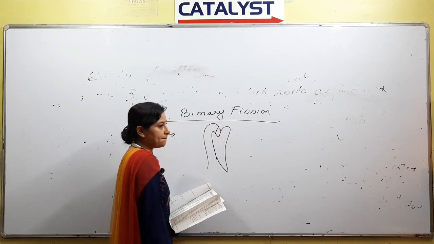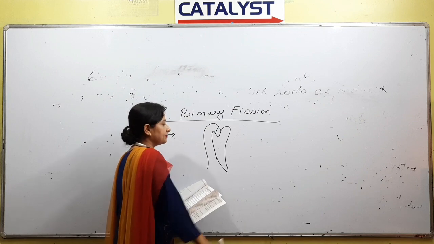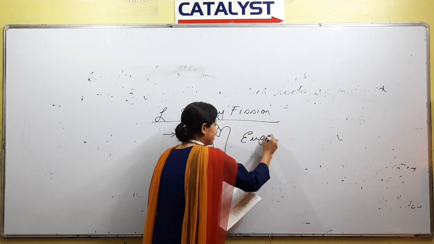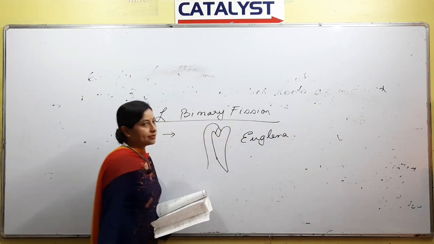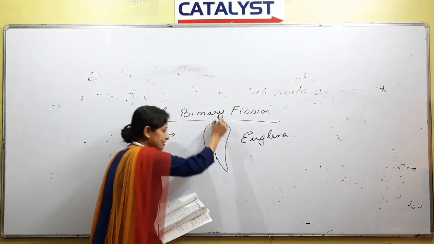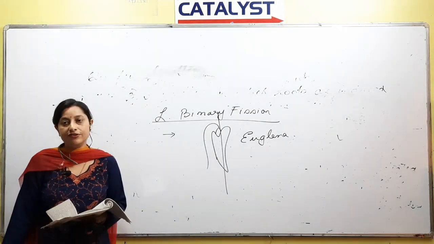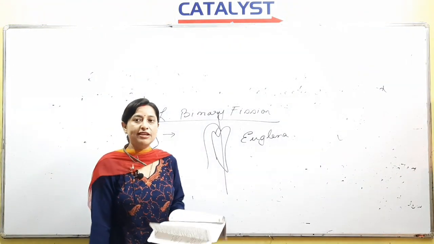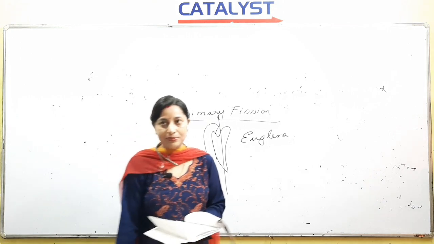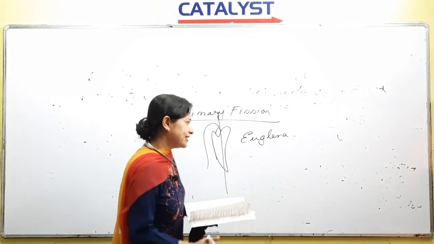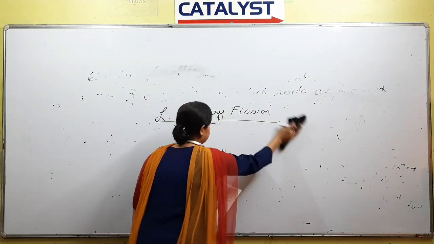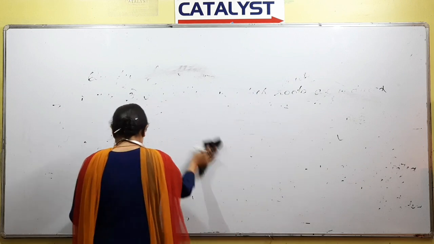What is it? Exactly, Euglena, right? It'll split in this way. So this is what is called longitudinal binary fission. Similarly, you have to talk about transverse binary fission in case of paramecium, and irregular binary fission in case of bacteria. Next.